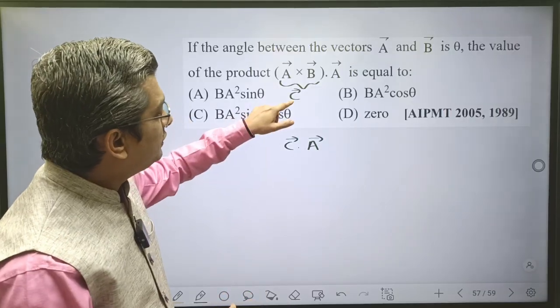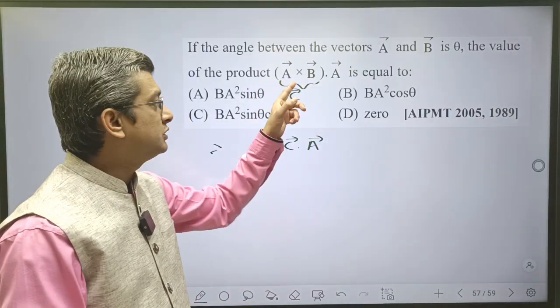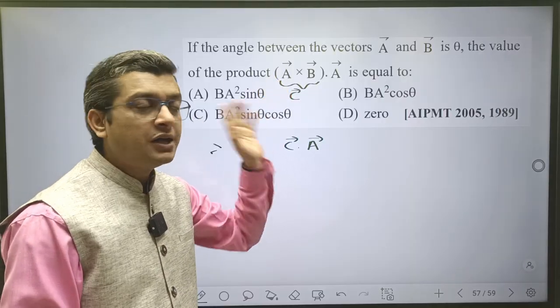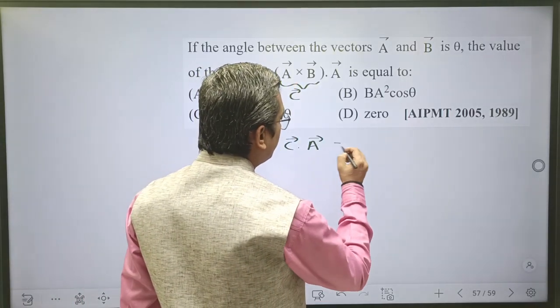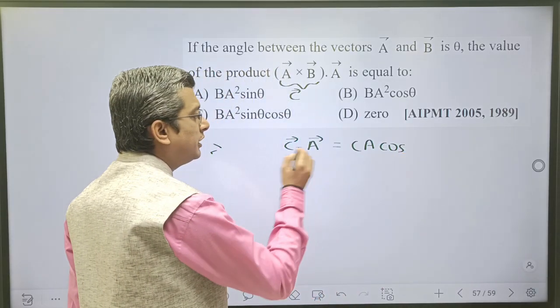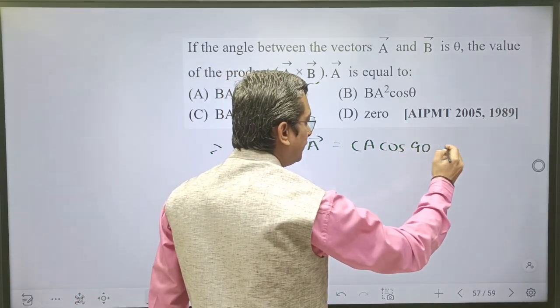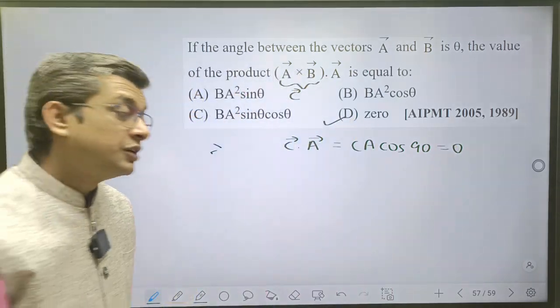If you talk about C dot A, then this will be CA cos of the angle between C vector and A vector, and that is 90 degrees. So this will be 0. So the option is 0.